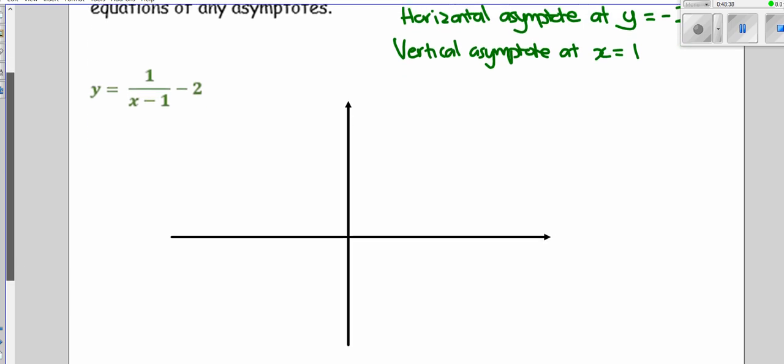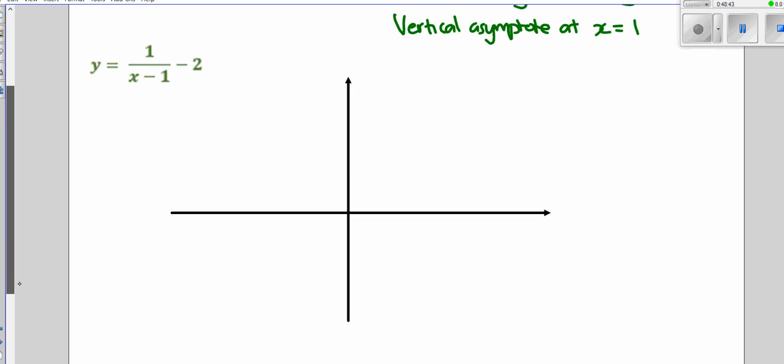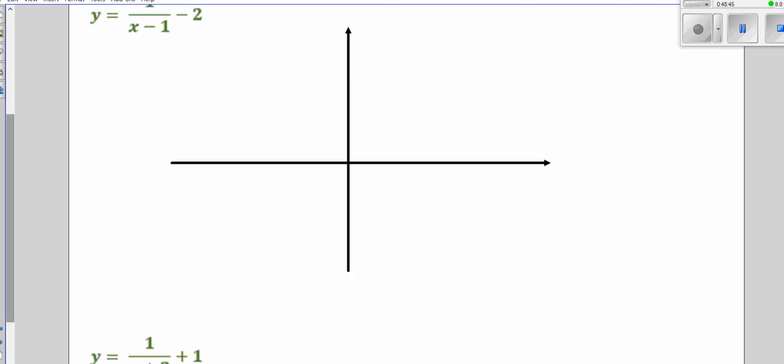That might be helpful. 1, 2, 3, 4, and 1, 2, 3, 4, 5, then negative 1, negative 2, negative 3, negative 4, negative 5. Very difficult to draw evenly on these boards, sorry, so please make sure yours is a lot more even than this. Don't forget to label x and y axis.